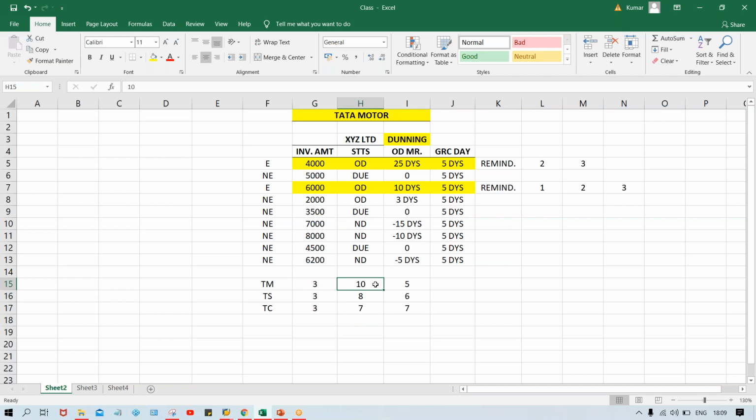The interval between the first letter and the second letter, the gap, is agreed by all 3 company codes at 10 days, 10 days, 10 days, right? And grace days 5 days, 5 days, and 5 days. Now again the same question: what about Tata Motor, Tata Steel, and Tata Chemical? Do we use the same dunning procedure?